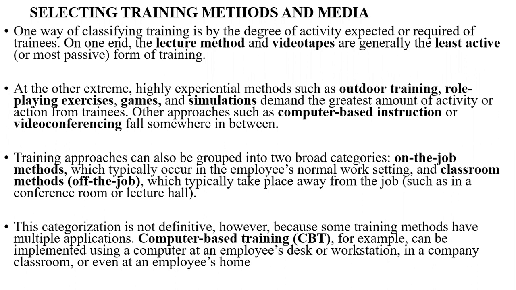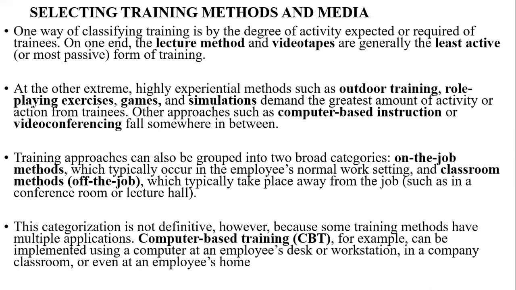So this categorization is not definitive, however, because some training methods have multiple applications. It is important to take note of this. Now, computer-based training, for example, can be implemented using a computer at the employee's desk or a workstation in a company classroom or even at the employee's home.